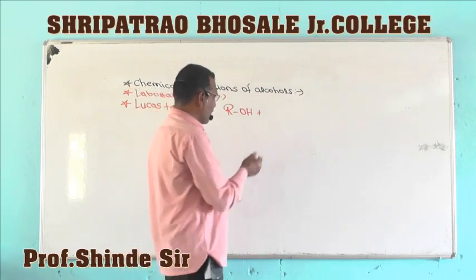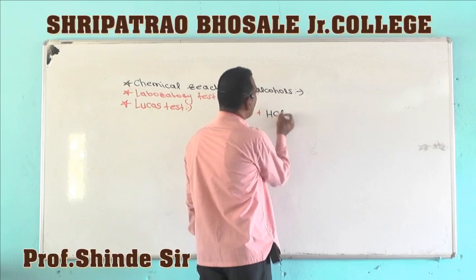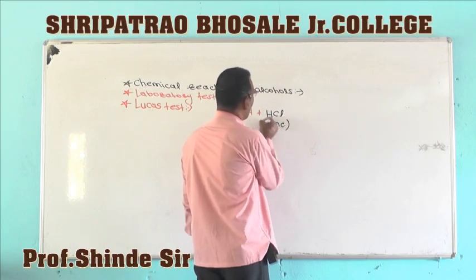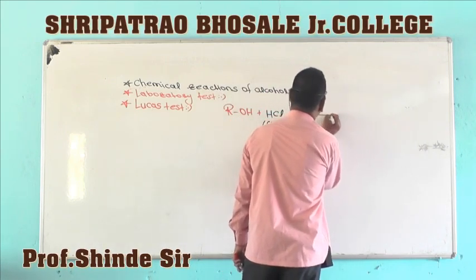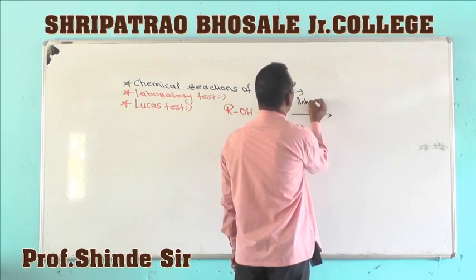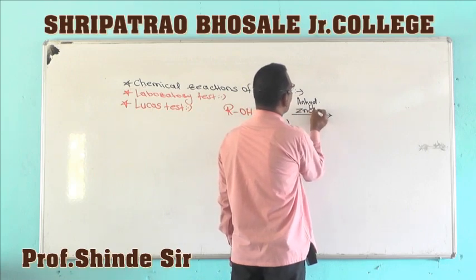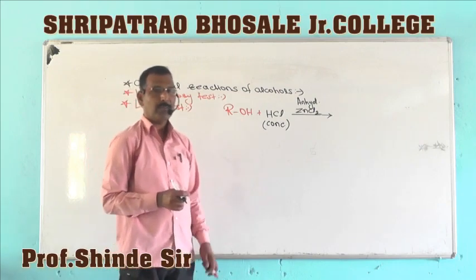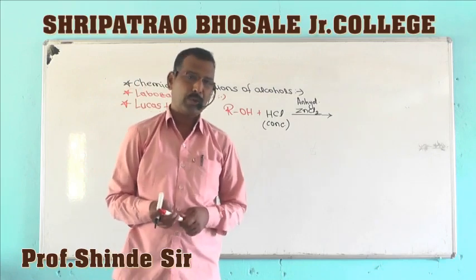It is a mixture of concentrated HCl and anhydrous ZnCl2, that is zinc chloride. So this is Lucas reagent, a mixture of concentrated HCl and anhydrous zinc chloride.